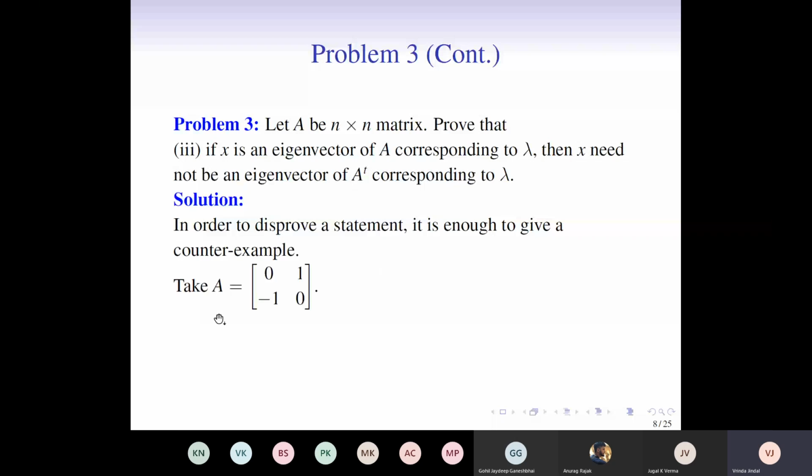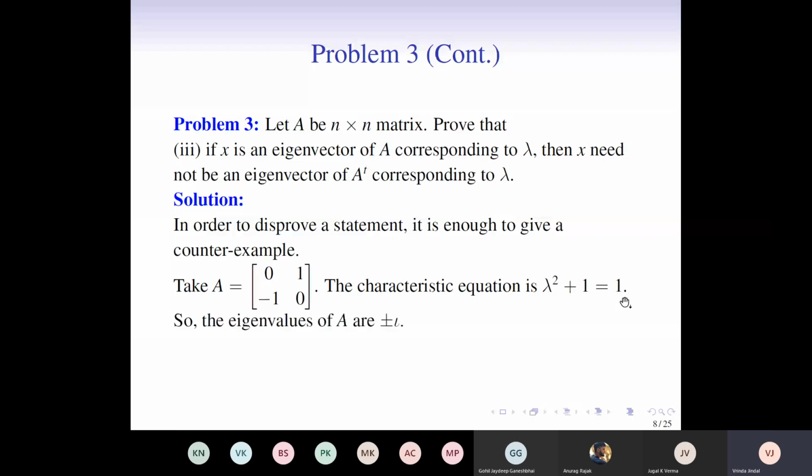So we take a simple example of this skew symmetric matrix A: 0, 1, minus 1, 0. The characteristic equation, the determinant of A minus lambda I, gives minus lambda and minus lambda on the diagonal. Taking its determinant, you get lambda square plus 1. Oh, there's a typo here, it should be 0.